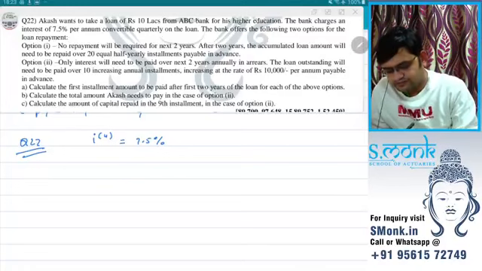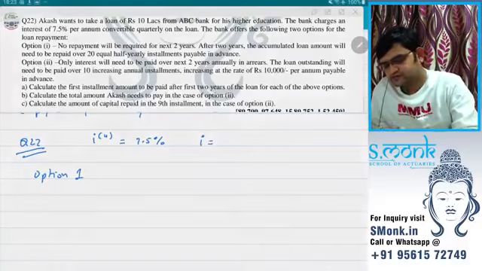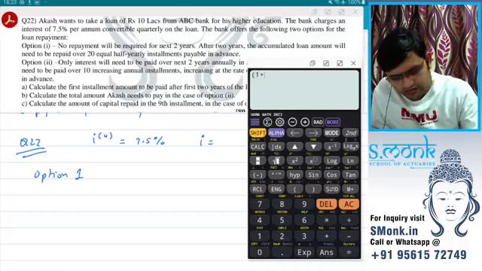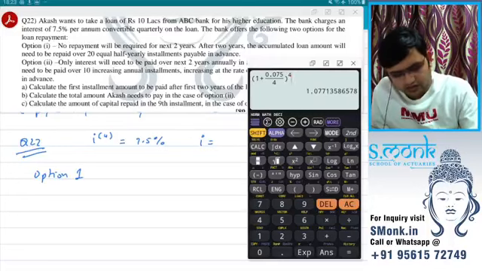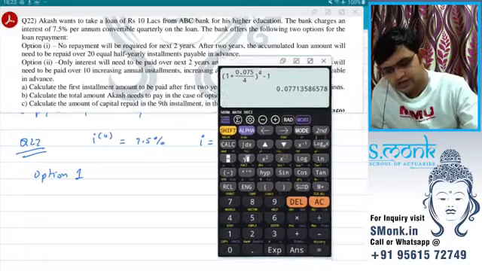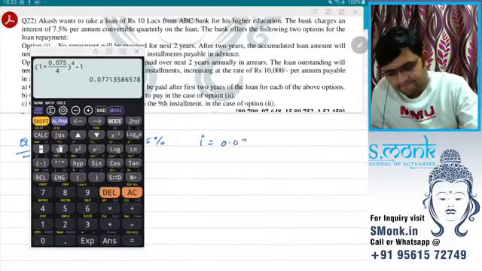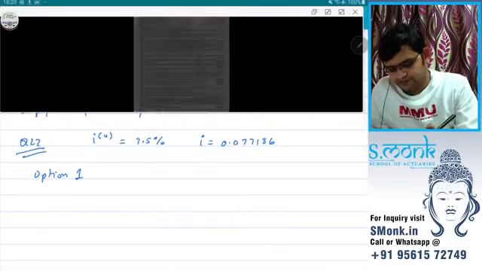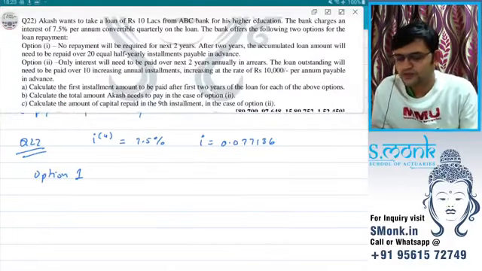We'll say option 1. First thing, I'll calculate I. So this is I. In option 1, no repayment required for the next 2 years.